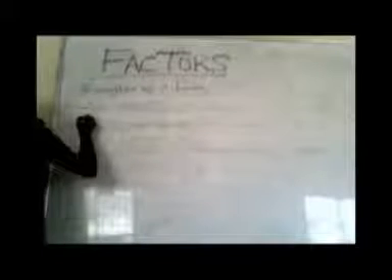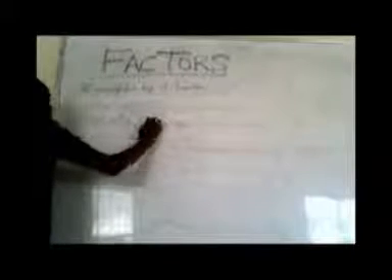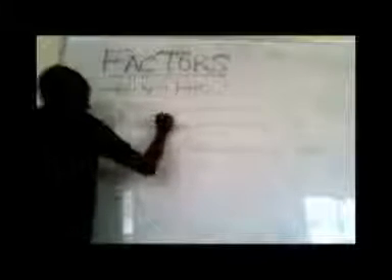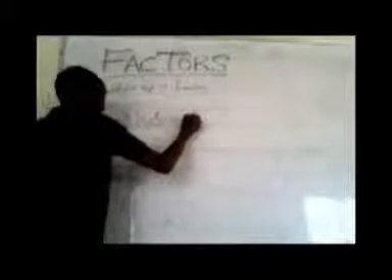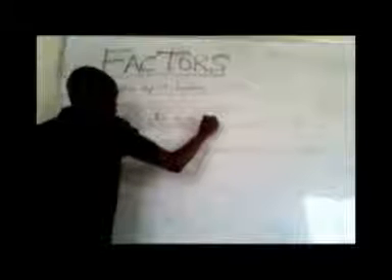So the factors of 20 are 1, 2, 4, 5, 10, and 20 itself. So that is as simple as very easy.